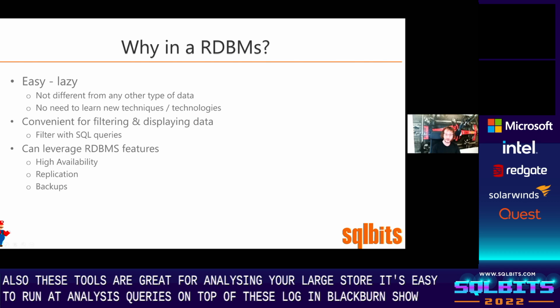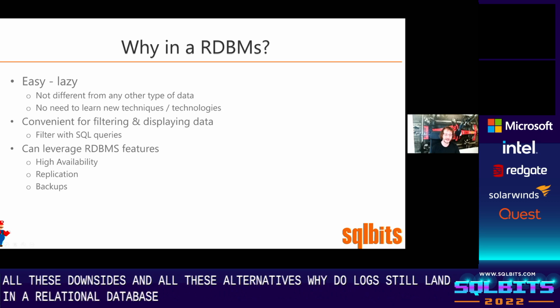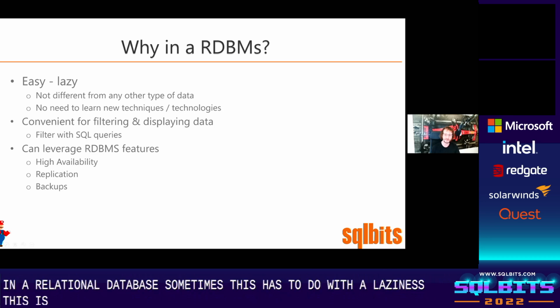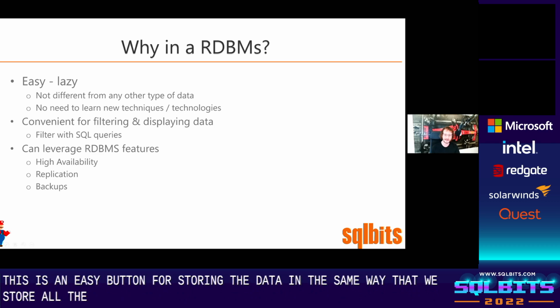So with all these downsides and all these alternatives, why do logs still land in a relational database? Sometimes this has to do with laziness. Sometimes this is an easy button for storing the data in the same way that we store all the other data in a database.